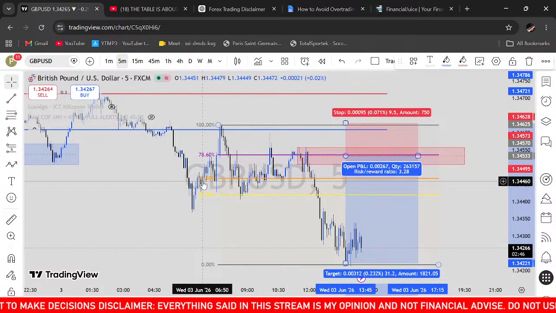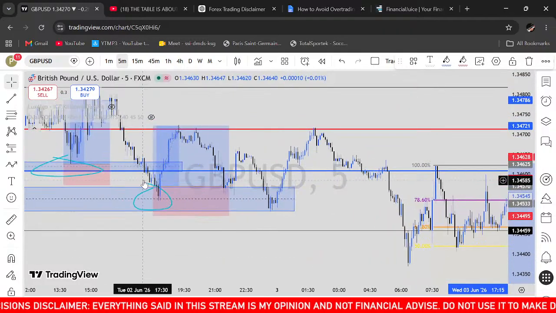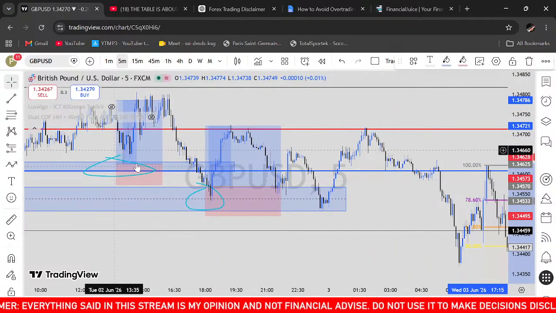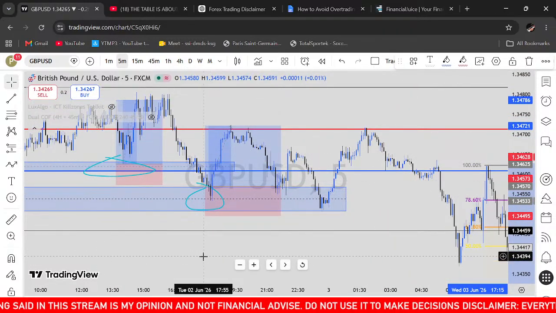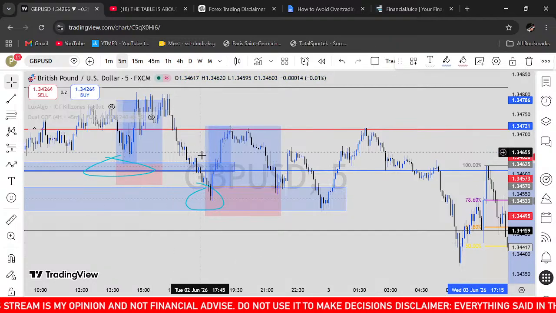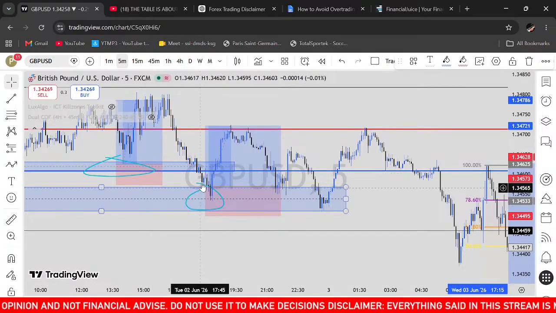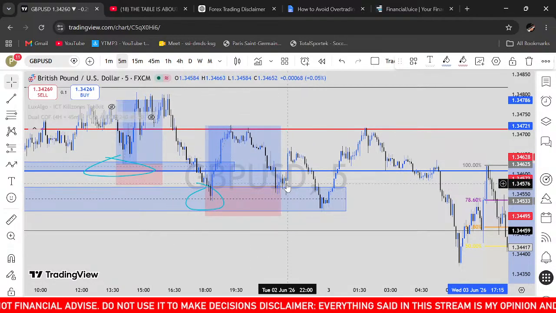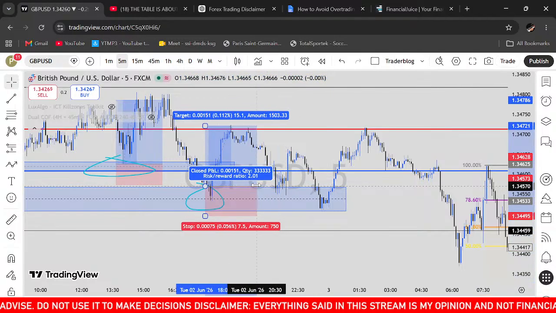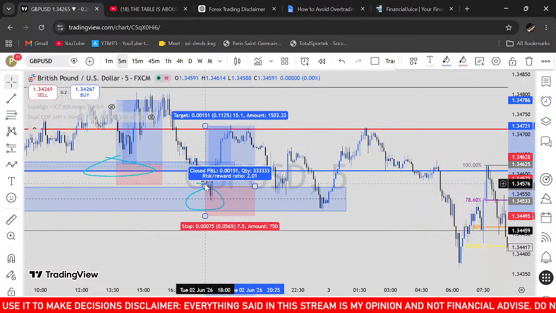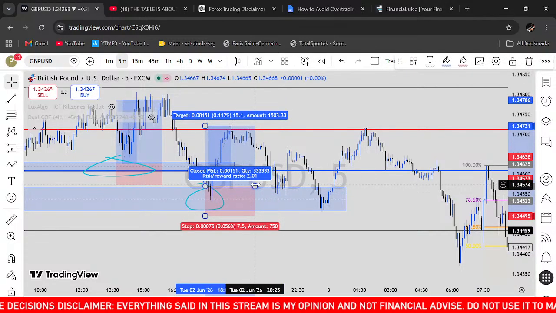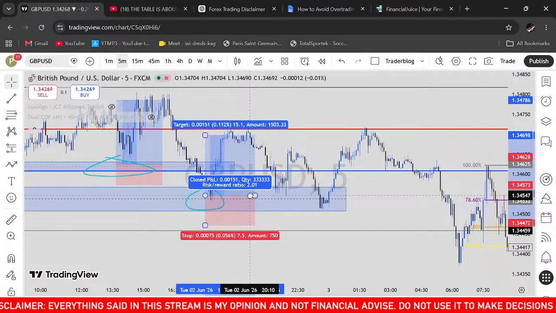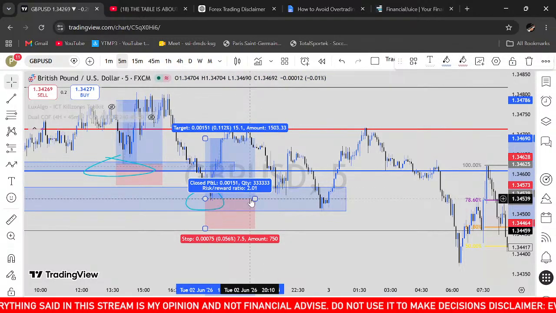Yesterday we had two setups. I couldn't take this 1:3, but I took the next one over here. This is 1:2. Just like I was saying, if not for my broker that misbehaves, I would have taken this trade here.